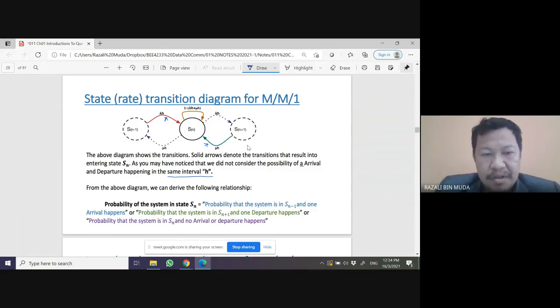From the above diagram, we can derive the following relationship. The probability of the system being in state Sn equals the probability that the system is in Sn minus 1 and one arrival happens, or the probability that the system is in Sn plus 1 and one departure happens, or the probability that the system is in Sn and no arrival or departure happens.